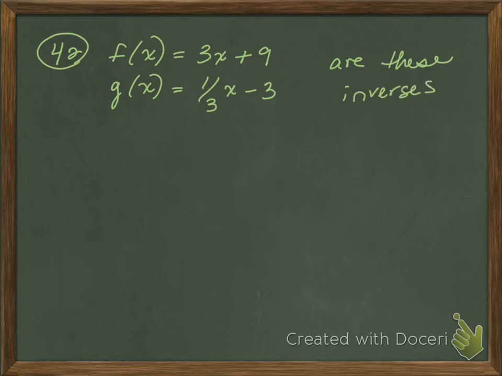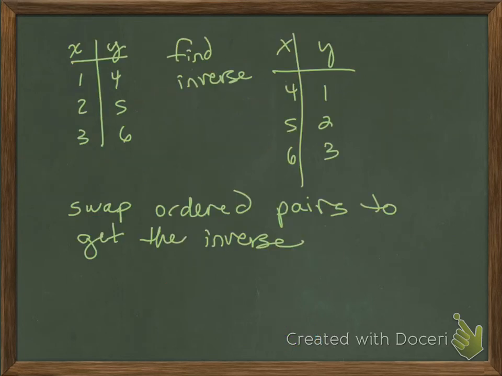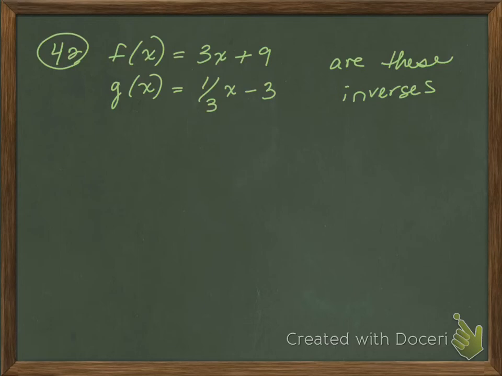If only one-to-one functions have inverses, clearly we're talking about lines here, so they are one-to-one. To find out if they are inverses, remember they have to basically undo each other. So remember the diagram from earlier where if f sends a to b, then g has to send it back, right?